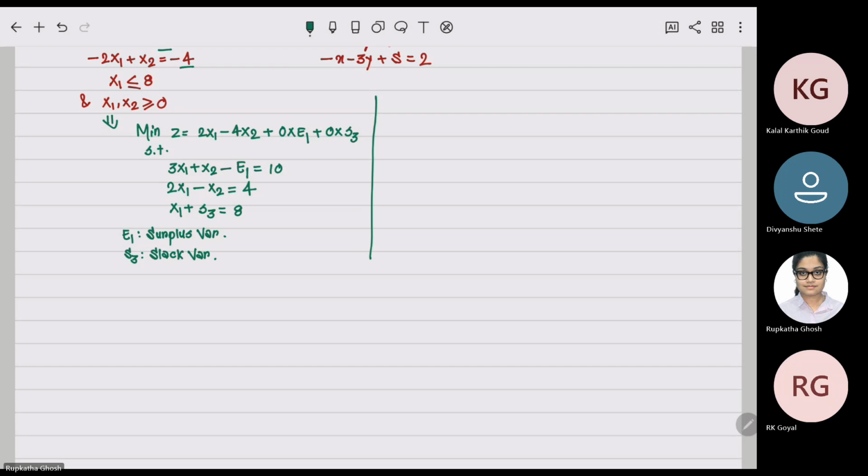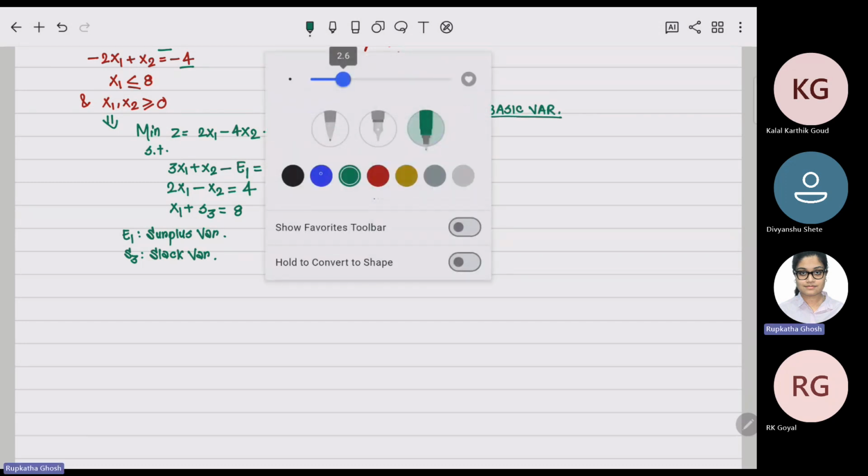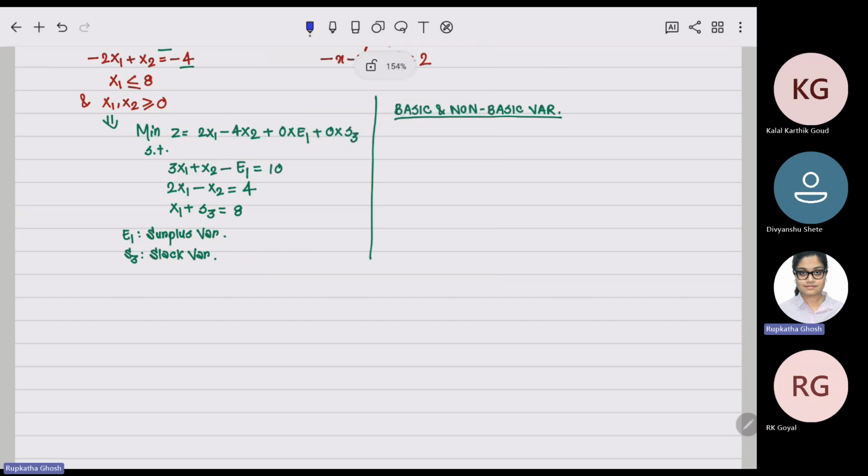Now, a few terminologies you need to know. Basic and non-basic variable. Let's say we have a system of linear equations, right? A11 x1 plus A12 x2 plus up to A1n xn is equal to B1.